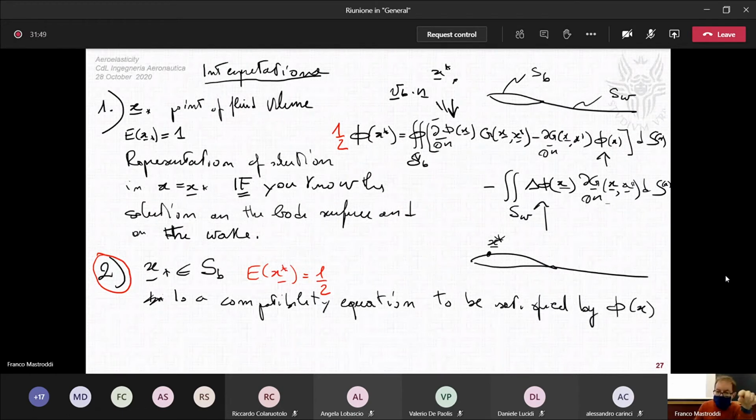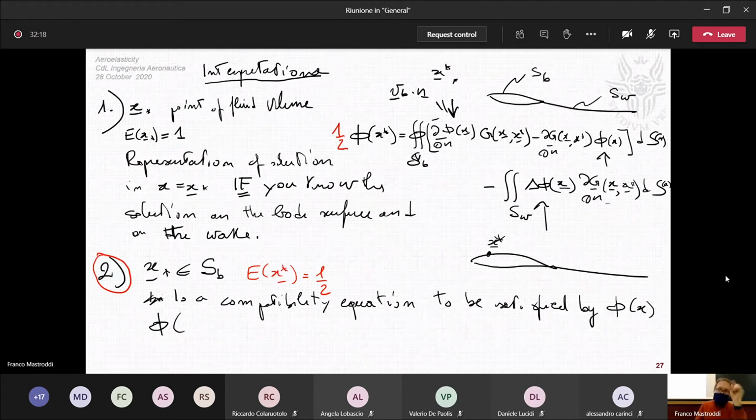So this is a compatibility condition to be satisfied by the entire distribution, a point of the distribution. And you can fix this point arbitrarily. And this is the point for organizing a computational algorithm for determining your potential flow.